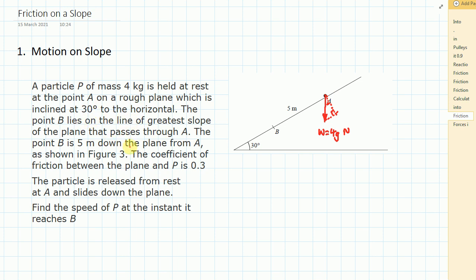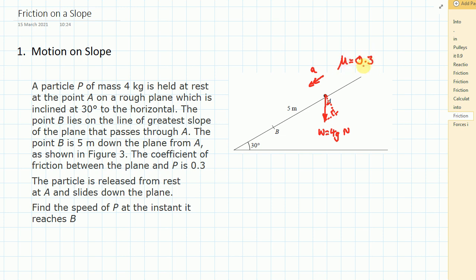The point B lies at the greatest slope, and all of this is what happens after we've got some acceleration. So I'm going to say it accelerates down the slope. They tell us that the friction between P and the slope is 0.3, so mu is 0.3.